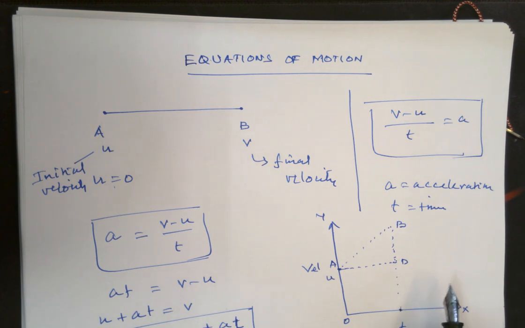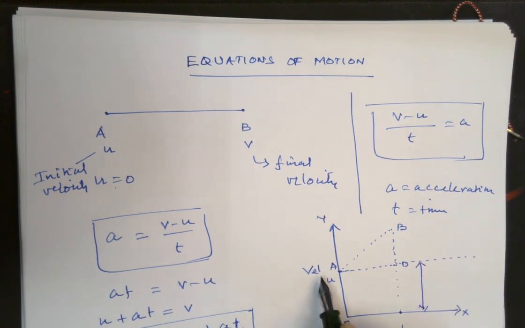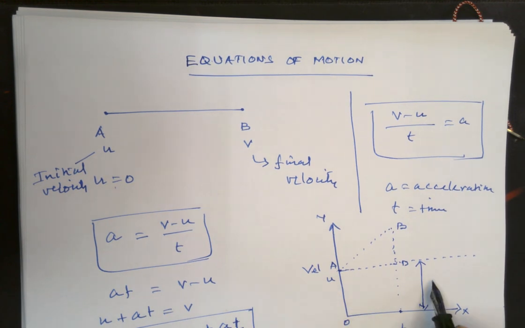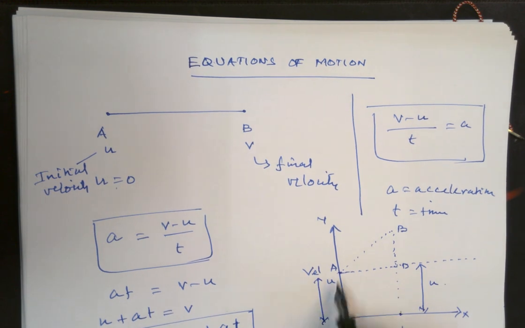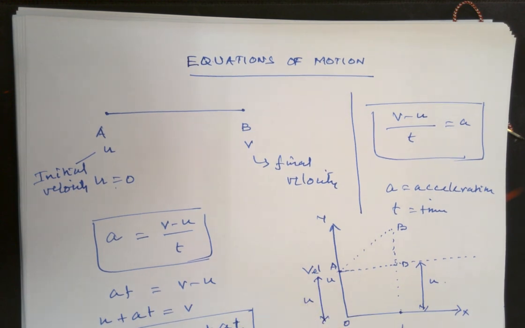Now you can extrapolate like this, and you know very well this is the initial velocity, u, is it not? This is also u, this is also u. This height on the y-axis is u. Do you understand?